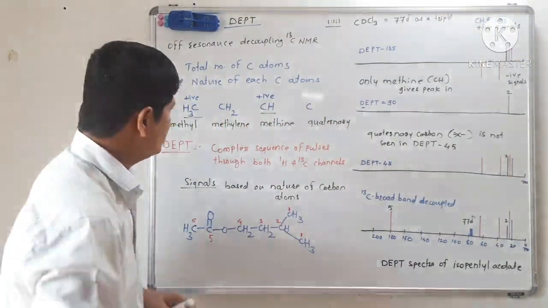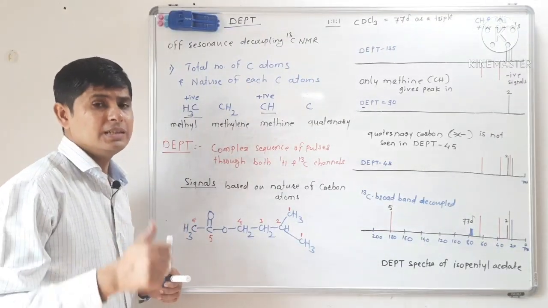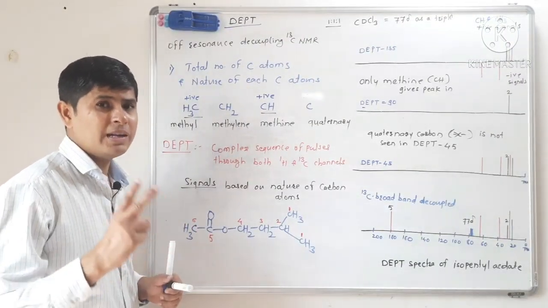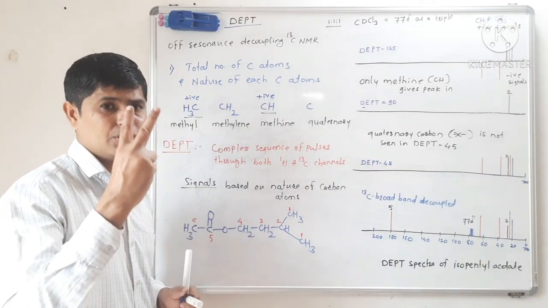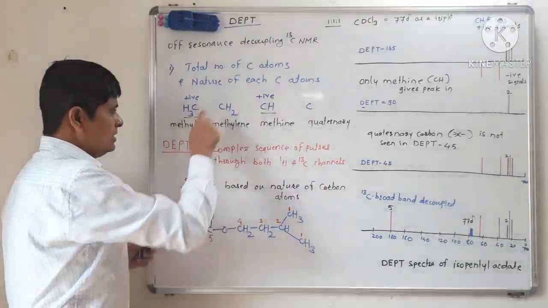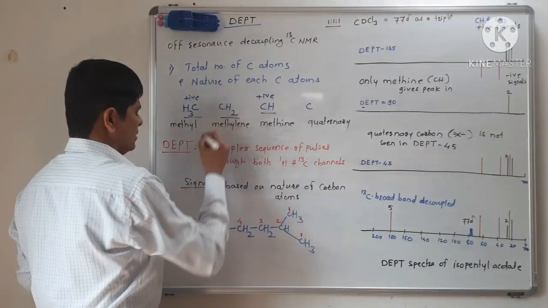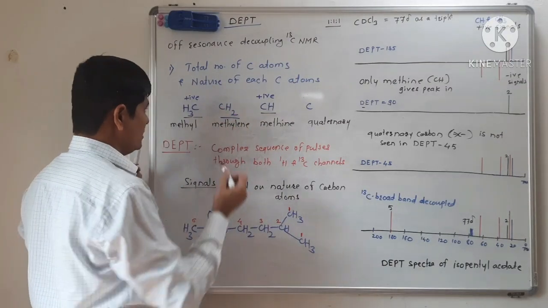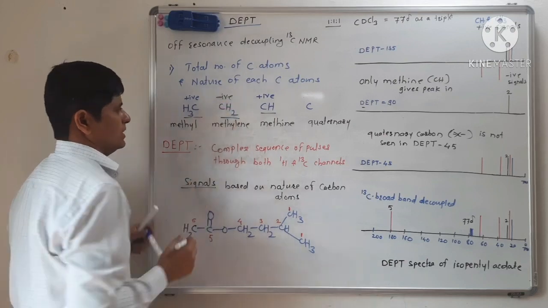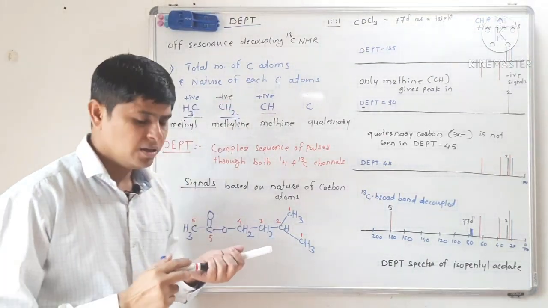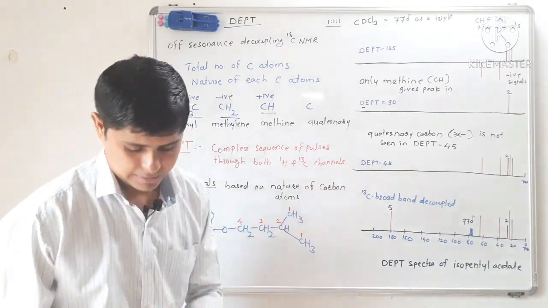Now the carbon which bears an even number of protons, that is 2 protons, which is this carbon, CH2, it will give negative signals.